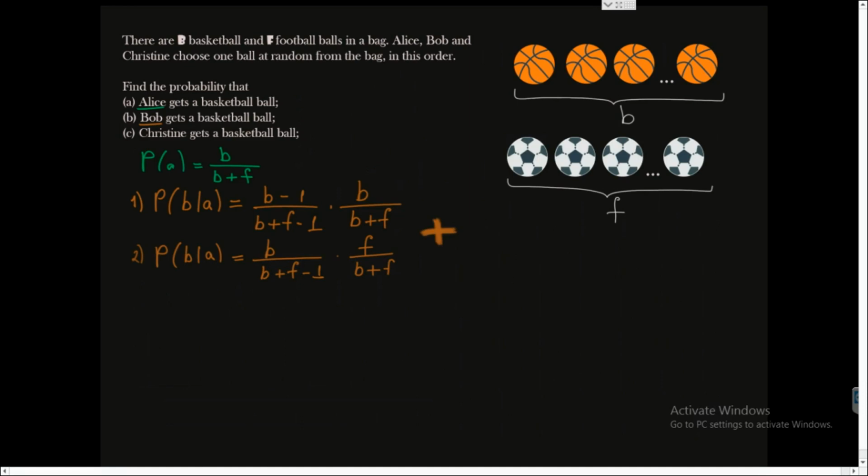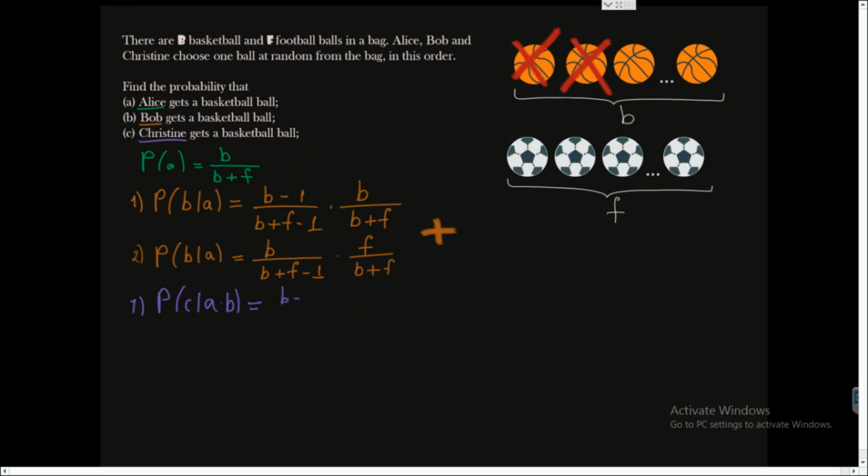Now let's find the probability that Christine gets a basketball ball. In this case, we will have four different options. First, both Alice and Bob took basketball balls. So, the probability of event C, dependent on events A and B, equals the formula in which all three people take basketball balls.